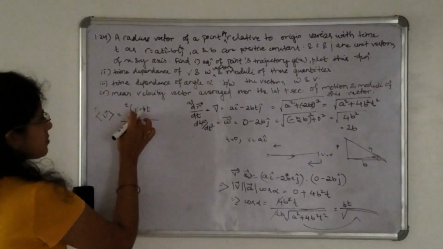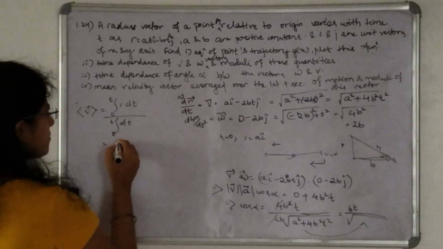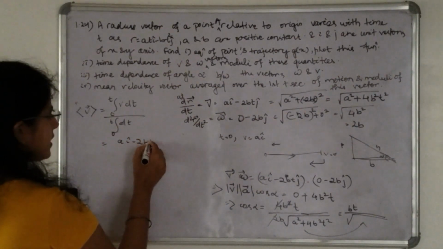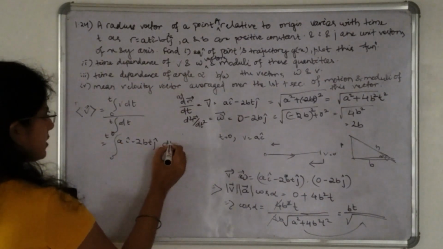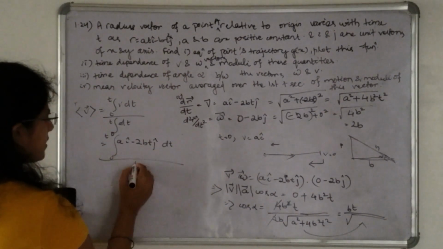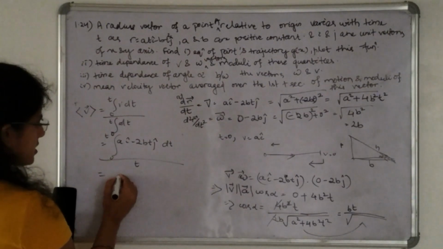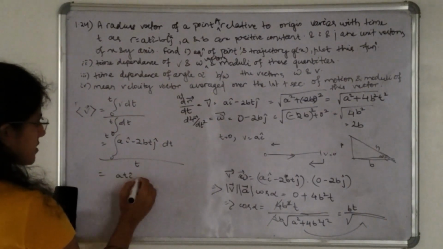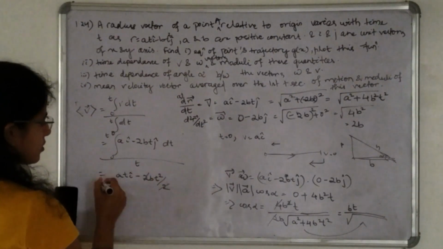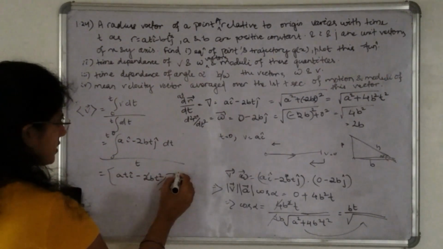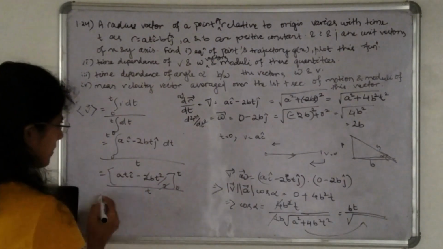Okay, so v is how much? v is a i cap minus 2bt j cap. Integrating from 0 to t, divided by t. So this is a t i cap, and the integration is minus 2bt square divided by 2, the 2 cancels out, from 0 to t, divided by t.